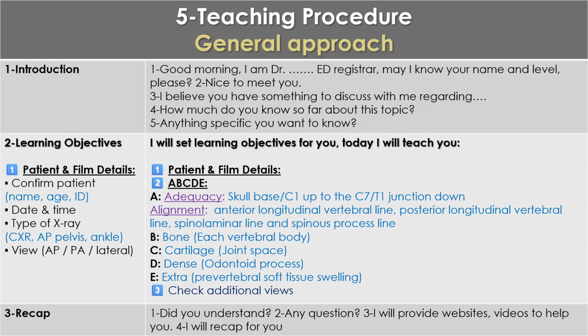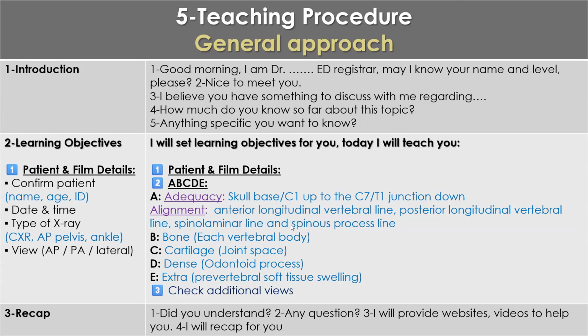First of all, we will start with the accuracy. We will start with the patient's information and make sure that the patient is safe and somebody is taking care of the patient. Now, talking about the X-ray. It starts with the accuracy, that means patient details, patient name, patient ID, date, and the type of X-ray and its view.